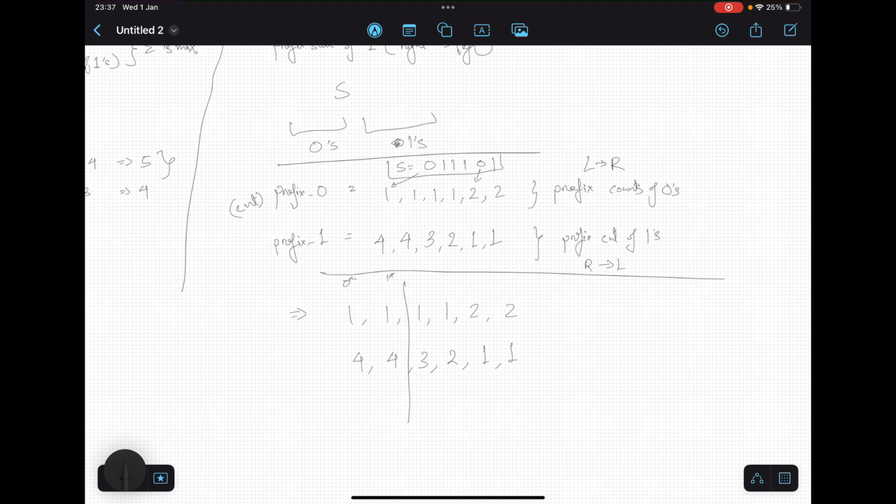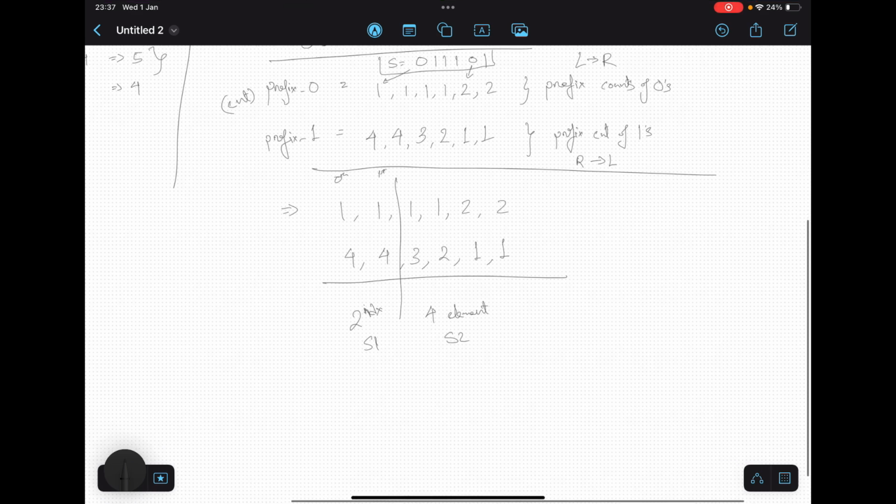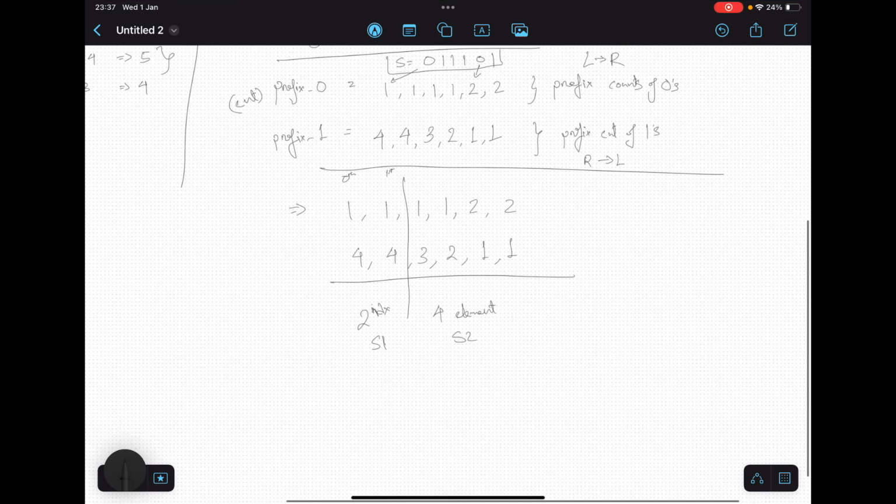Splitting at the first index means that we have kept two elements for S1 and the remaining 4 elements in S2. Taking 2 elements for S1 and 4 elements for S2, we'd get the sum as 1 and 4.